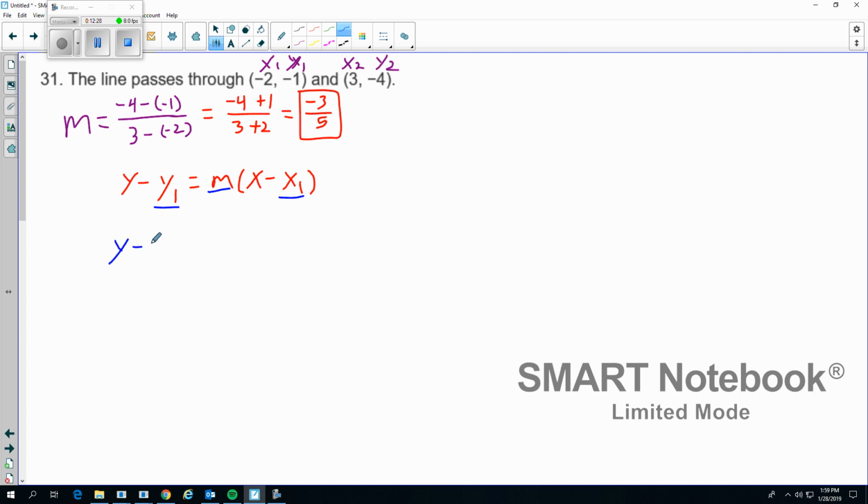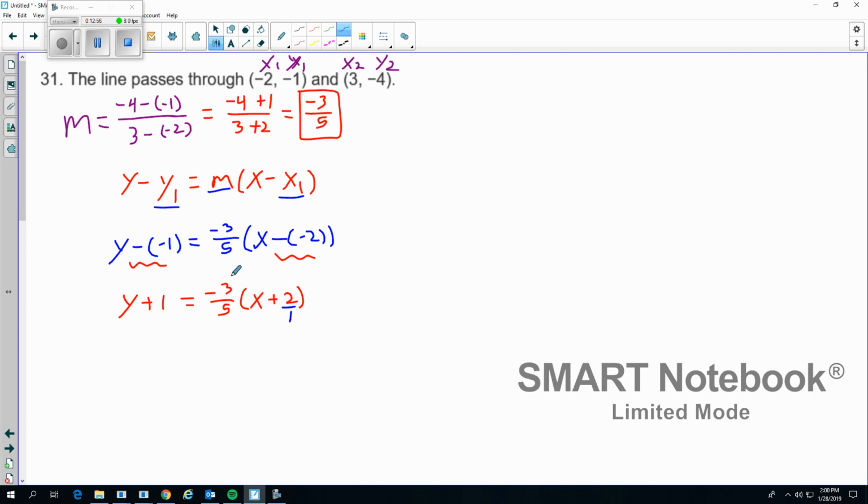So let's see, y minus -1 equals -3/5 times x minus -2. So I have to deal with these double negatives, so we'll go ahead and clean that up. So let's see, I'm going to have y plus 1 equals -3/5 times x plus 2.